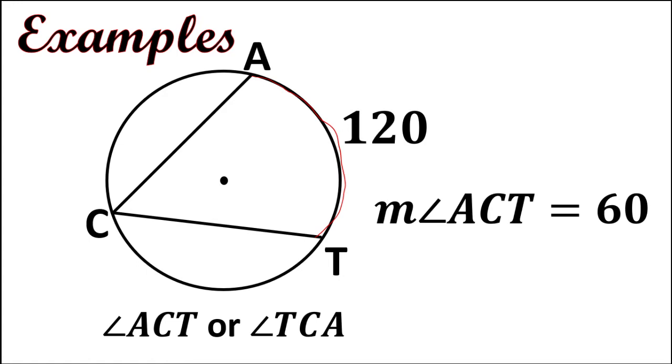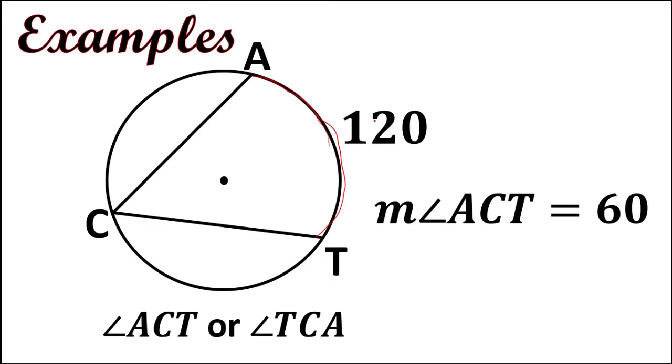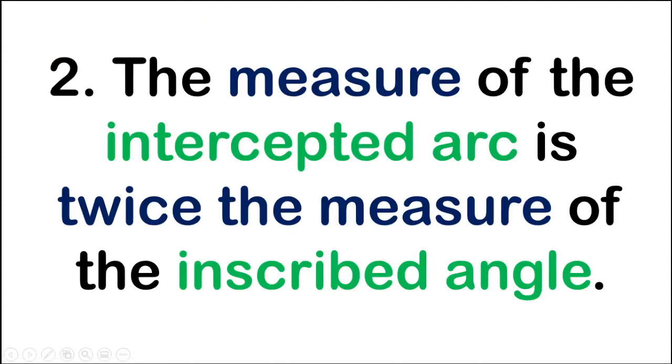Kasi sabi niya, ang sukat daw ng inscribed angle ay kalahati ng sukat ng intercepted arc niya. Okay? Sa pang-example, say, if this is 100, ilan yon? 50. Okay? So, kung ito ay 80, ito ay 40. So, that is theorem number 1.